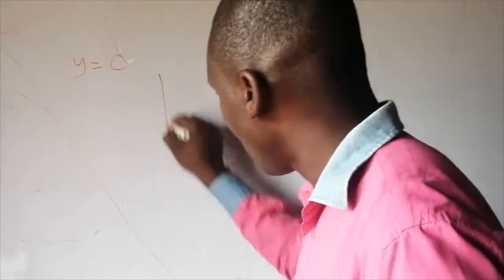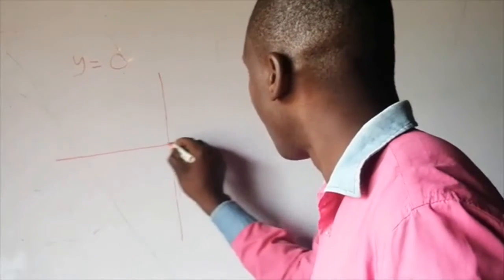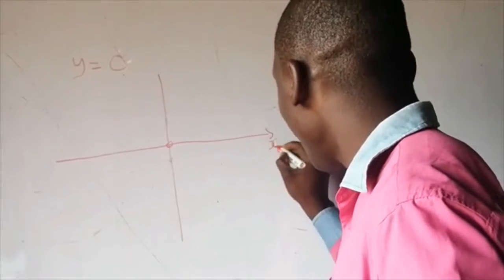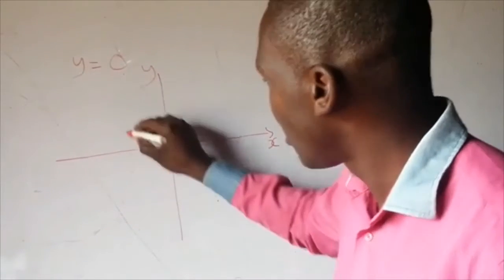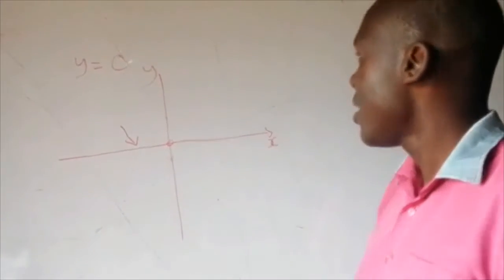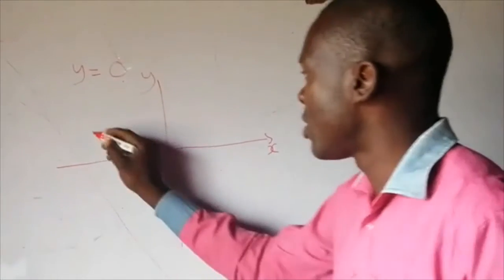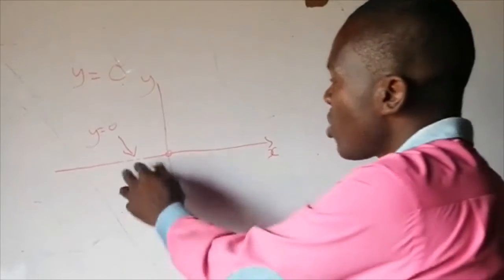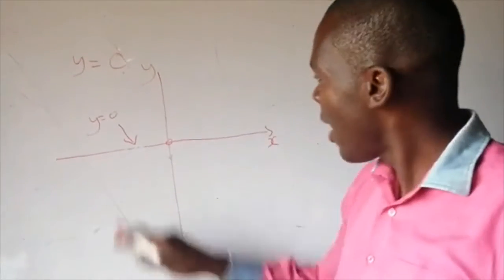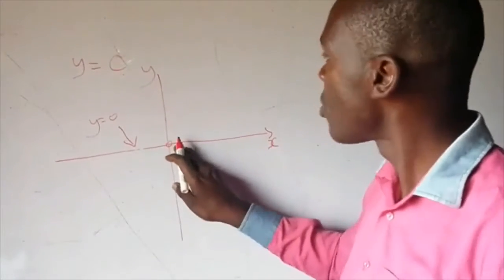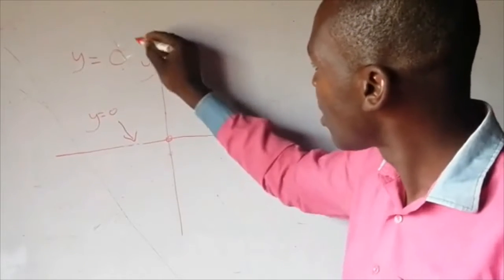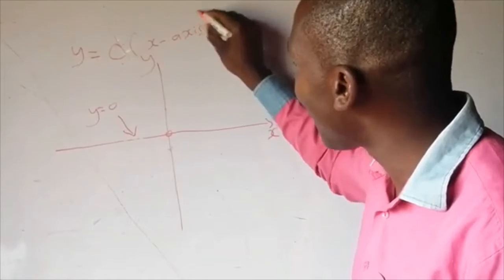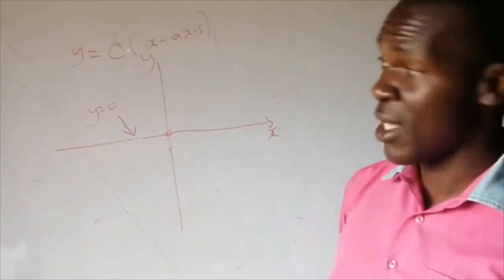If you do this, you realize that the x-axis is the line y is equal to 0, because this is the horizontal line which crosses the y-axis at 0. So the x-axis is also called the line y is equal to 0.